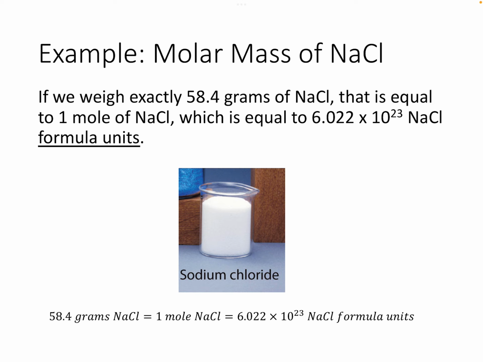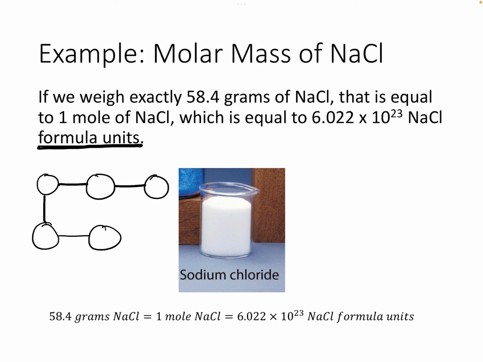Now, for ionic compounds, we tend to describe those as formula units. So instead of saying molecules, we would say formula units. And remember, this has to do with the crystal lattice that forms for ionic compounds.